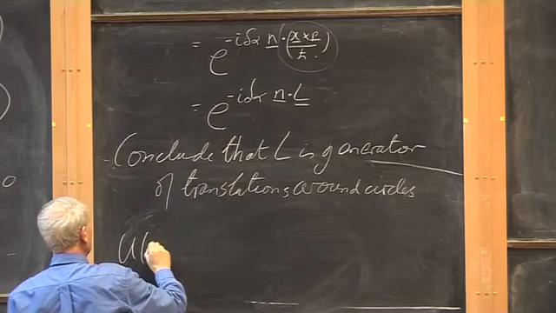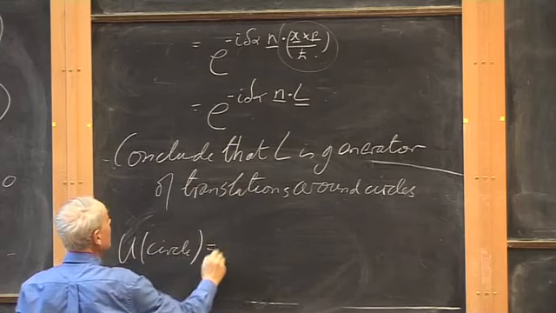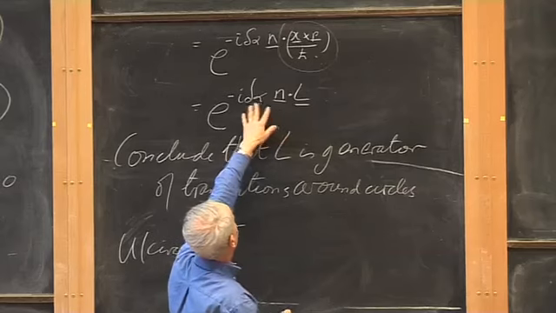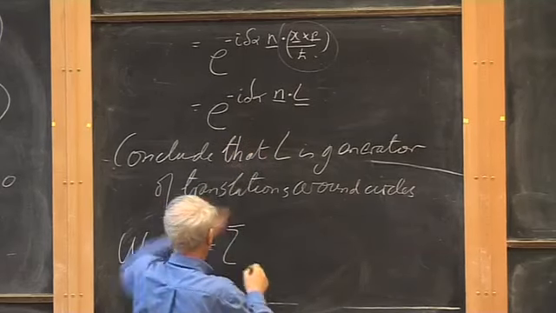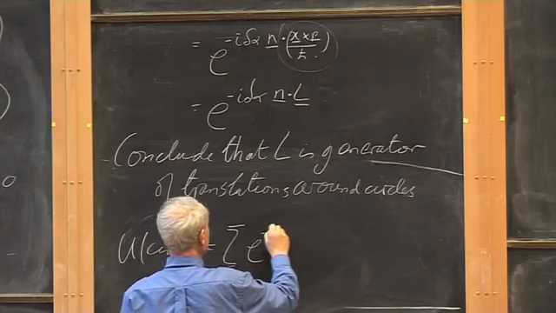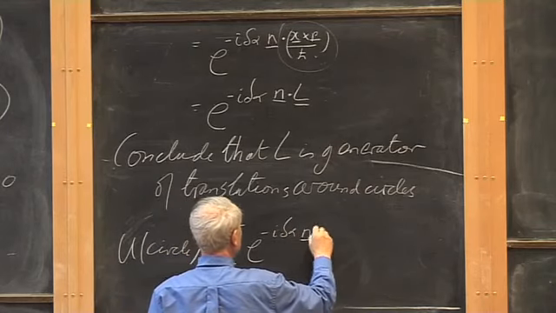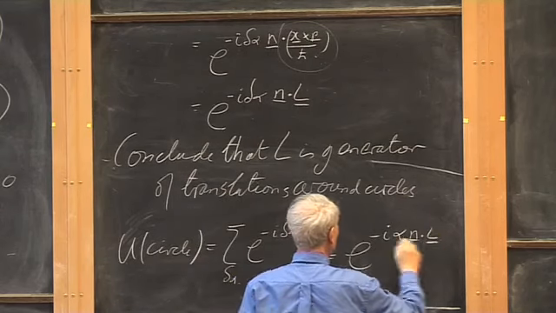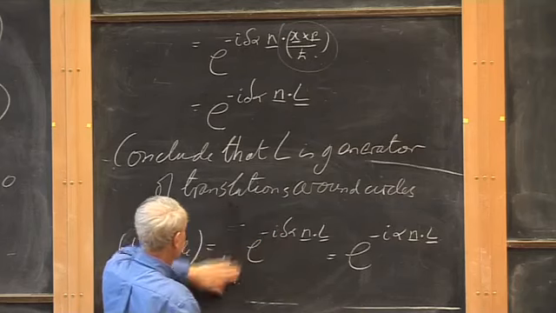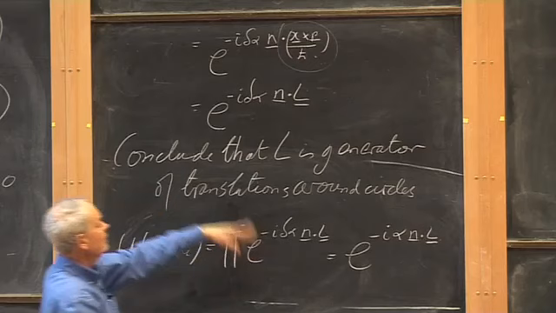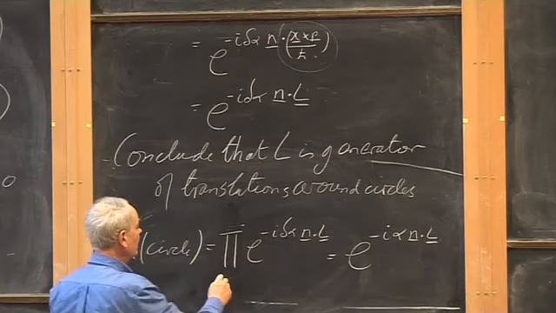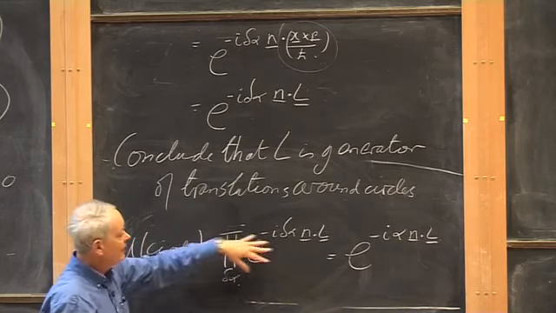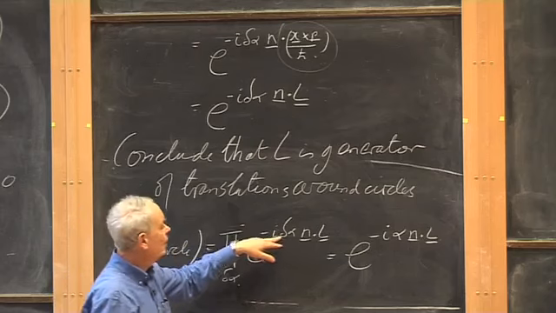So U for a circle is going to be the product of this for all sorts of delta alphas, e to the minus i delta alpha n dot L, which is going to be e to the minus i alpha n dot L. If we make a series of transformations, each one by delta alpha, then that product of these exponentials can be written as the exponential of the sum of the arguments.